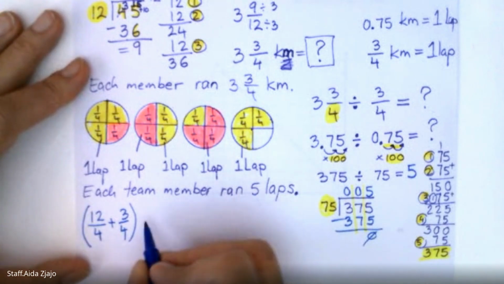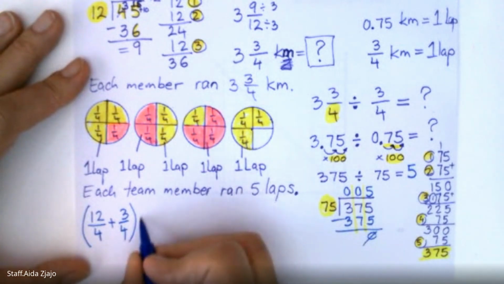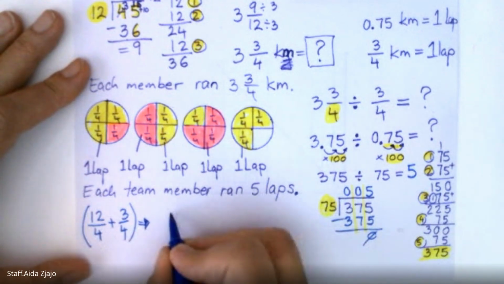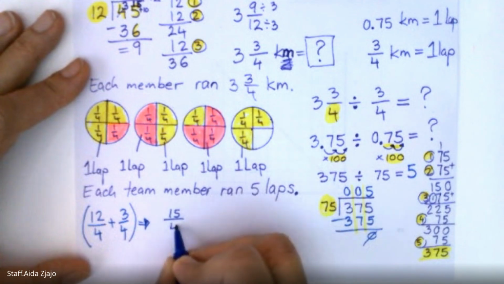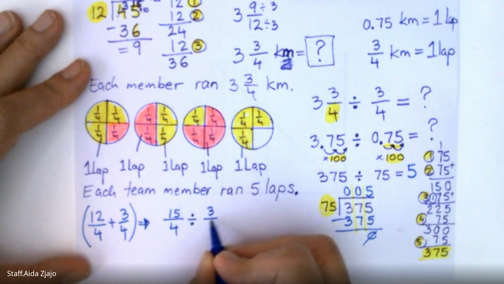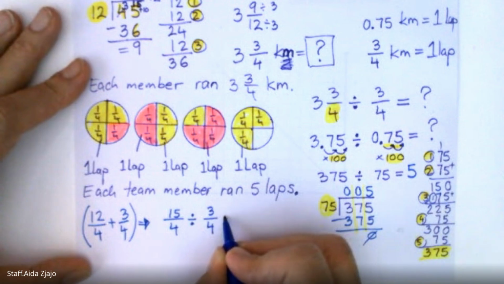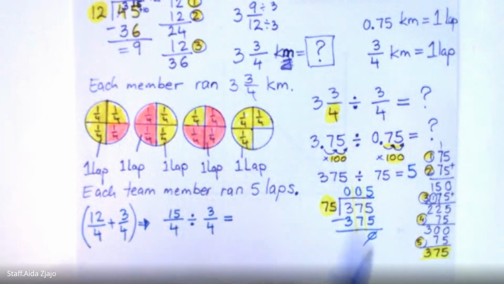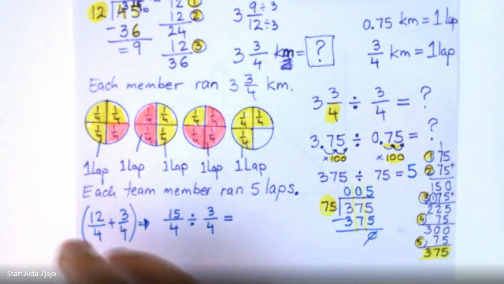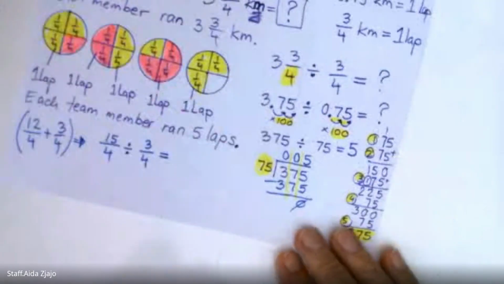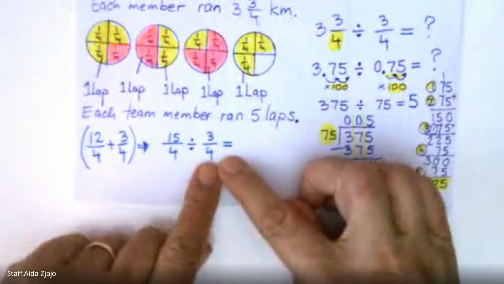Now you will have 15 fourths divided in groups of 3 fourths.